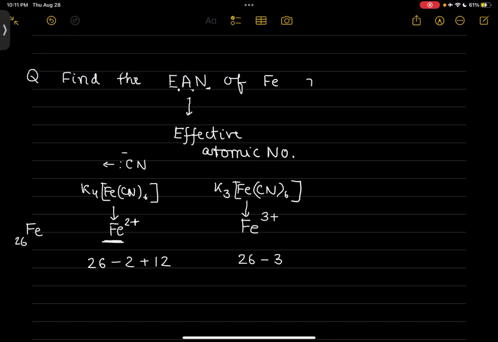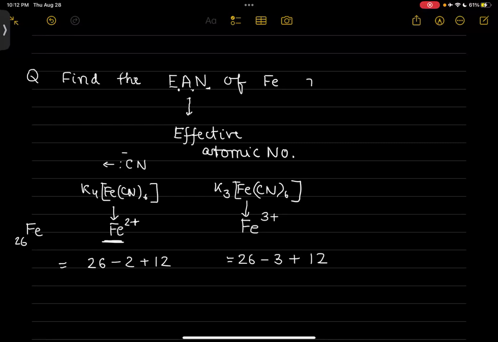Got it? So plus 12, because there are 6 cyanide ligands, each one giving 2 electrons. So 12 electrons are being given by the ligands to the metal ion. Is it clear?